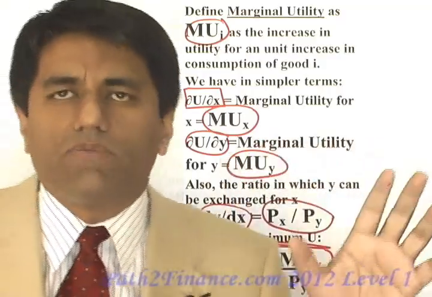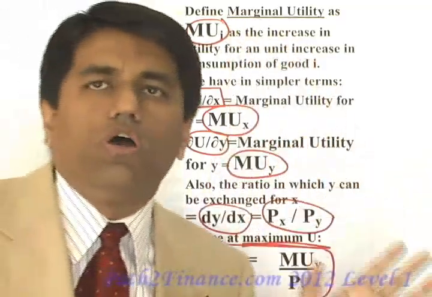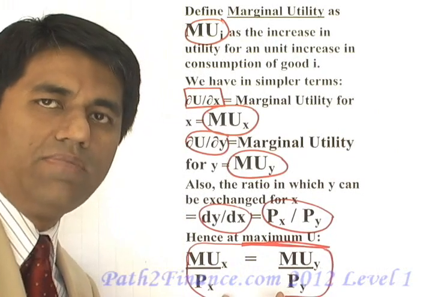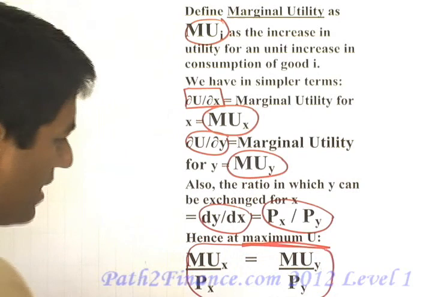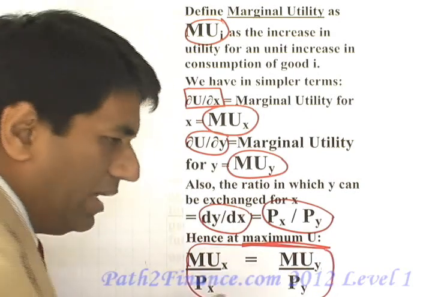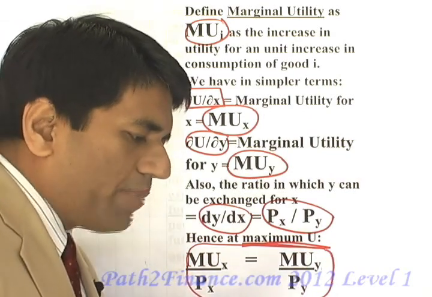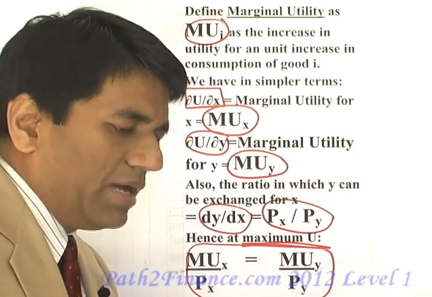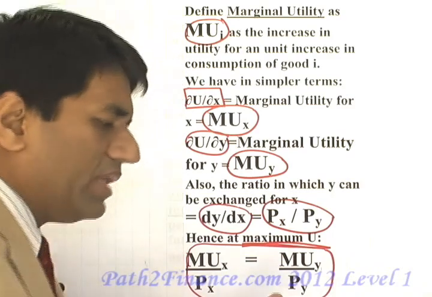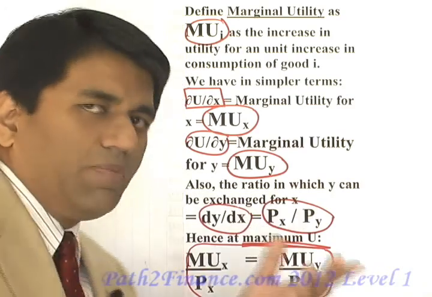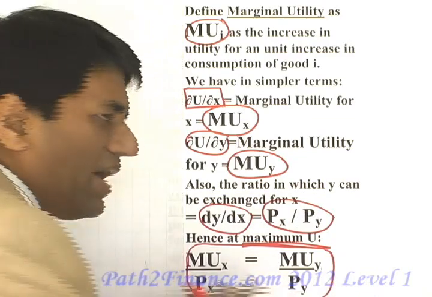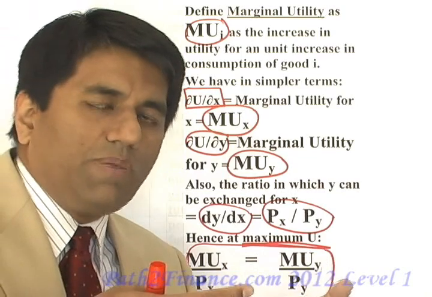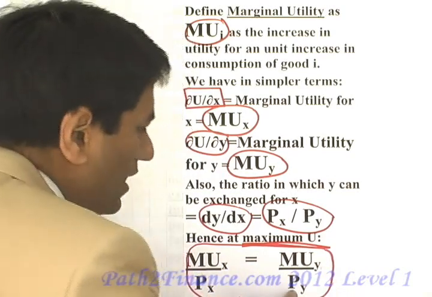Now, if you're not comfortable with calculus, you don't need to know how I got here. But you should get the intuition for this. The intuition for this is that at the optimal utility, which is what you're going to choose given the amount of money that you have to spend, the utility that you get from consuming one more unit of apples divided by the price of apples will equal the utility that you get from consuming one more unit of peaches divided by the price of peaches.